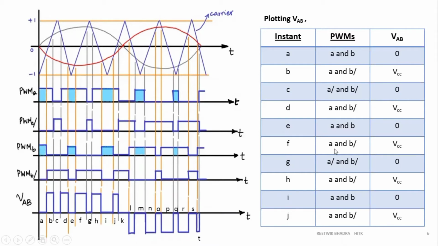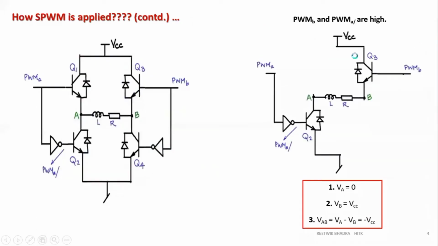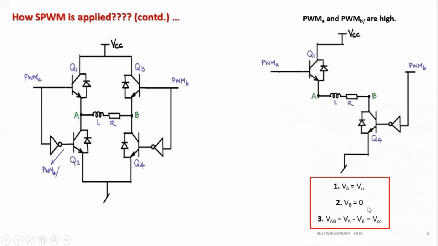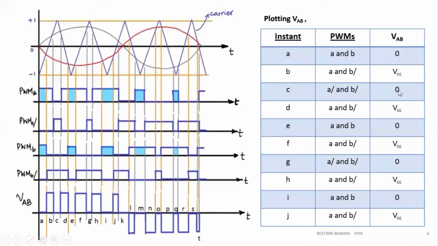That's why my second column shows which PWMs are high, A and B. Now if PWM A and B are high, which is my first condition, then what will be my VAB? 0. So that's why I have written VAB as 0.